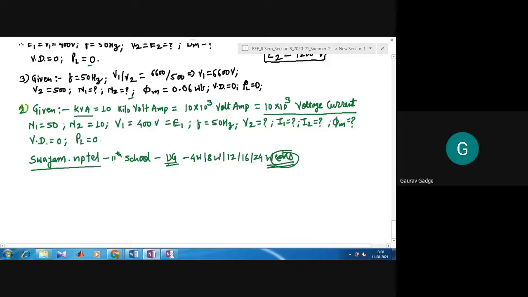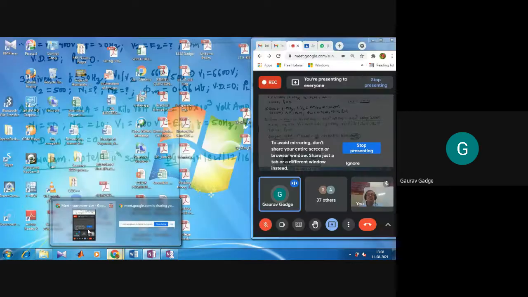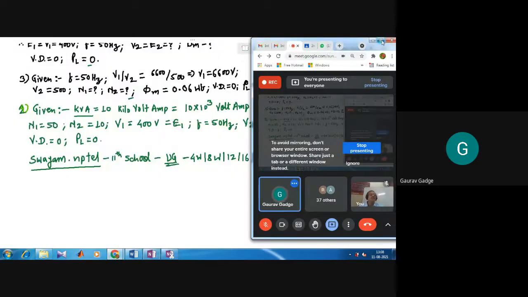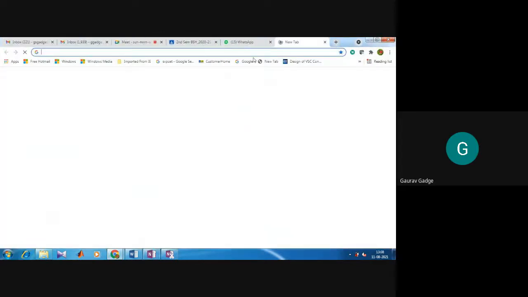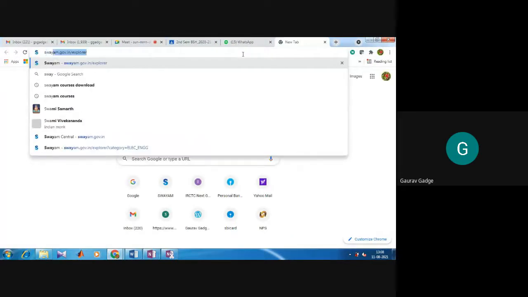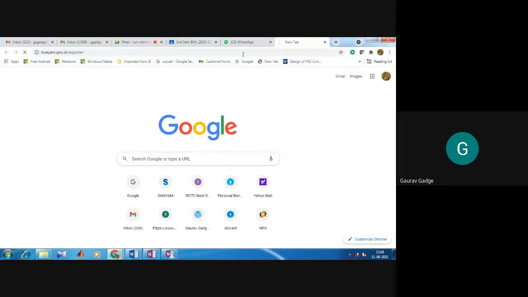If you want to join one course, I would like to suggest one. If the student wants to join, I will just take a few minutes for this. Just a second. Swayam.nptel. It is swayam.gov.in.